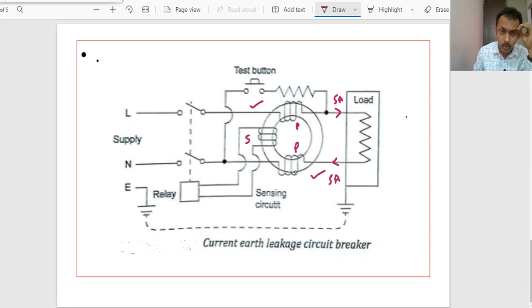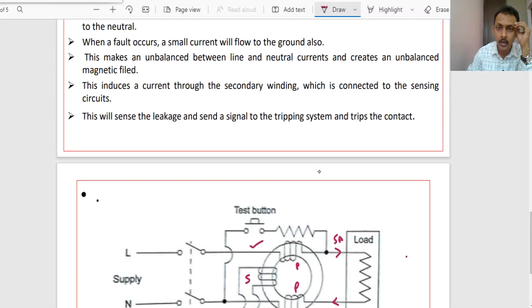Based on that, the relay gives the trip signal. As long as the current flowing in the line and the neutral are the same, there won't be any leakage current. If there is any difference, it will be sensed by the sensing circuit, and the relay will get operated and give the trip signal. So it will disconnect the source from the load.